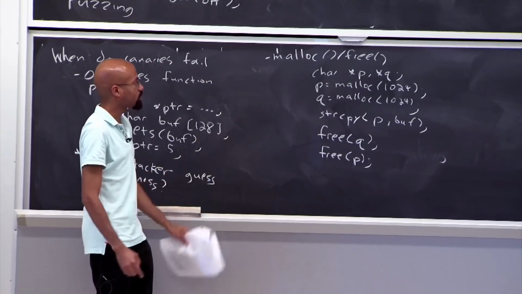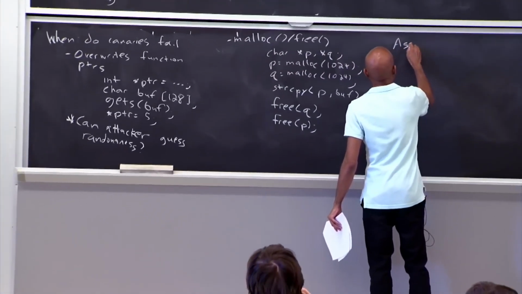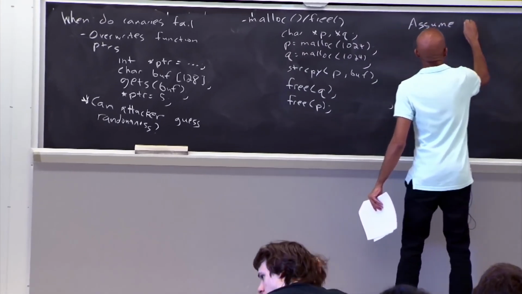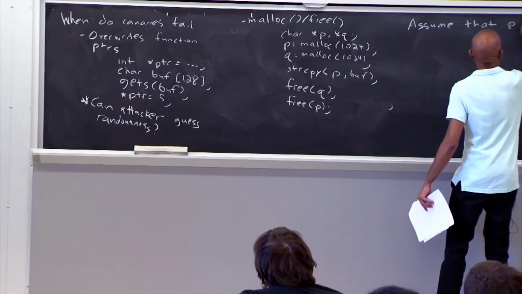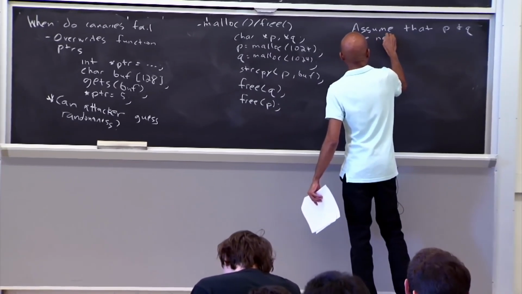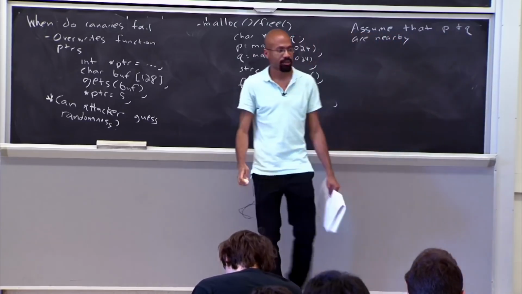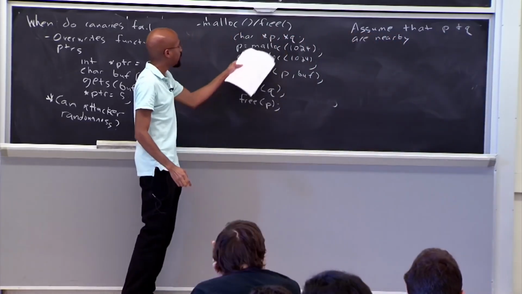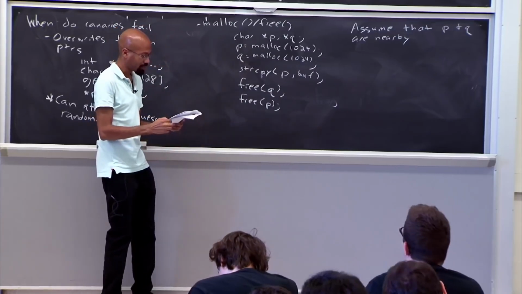So let's assume that the memory assigned to P and Q are nearby in terms of the layout in memory, right? Both of these objects lie next to each other in the memory space.